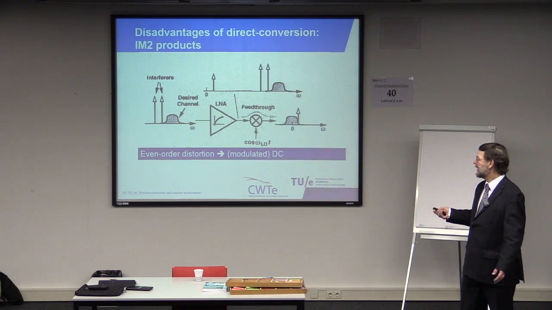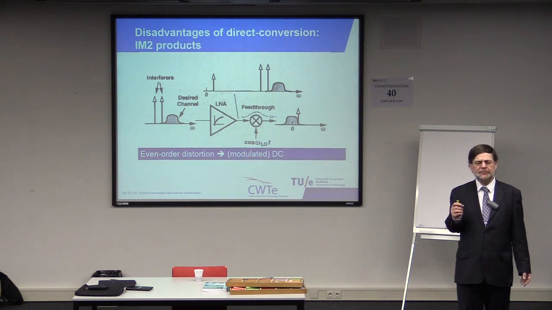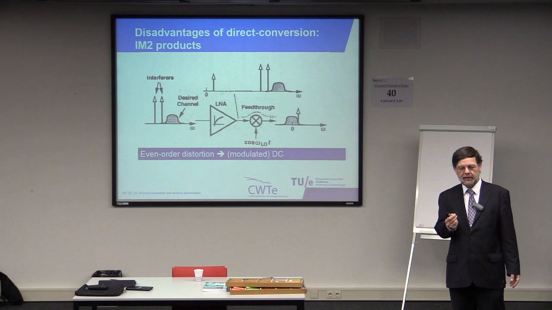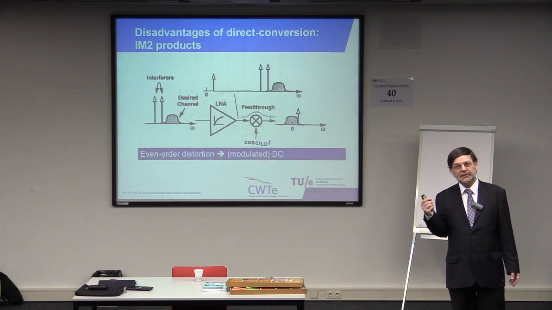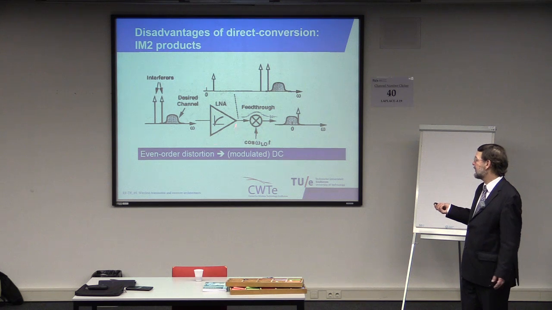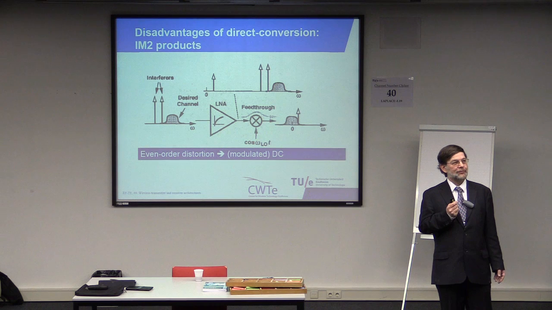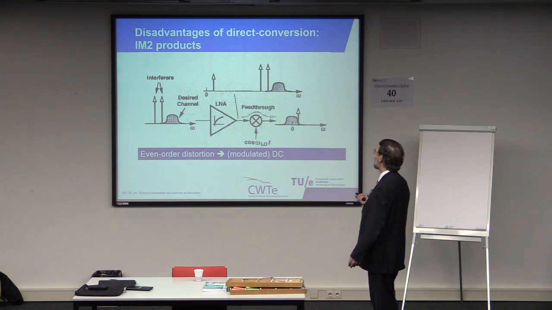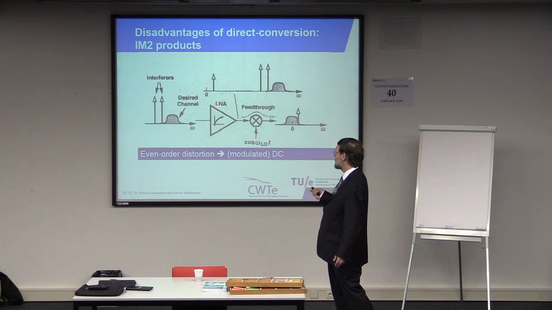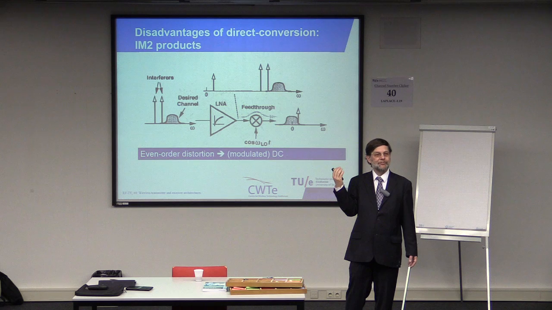Right? What if I have a strong interferer, and what if this interferer is AM modulated? And what if somewhere in my receiver, in the amplifiers or in the frequency conversion, I have second order distortion? Well, if this is a sine wave, this interferer, then that sine wave, through the second order distortion, which is a quadratic term, will give a DC component.